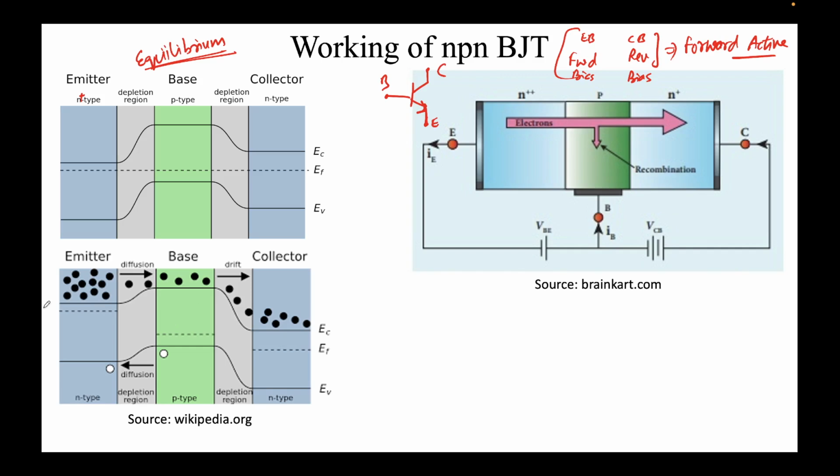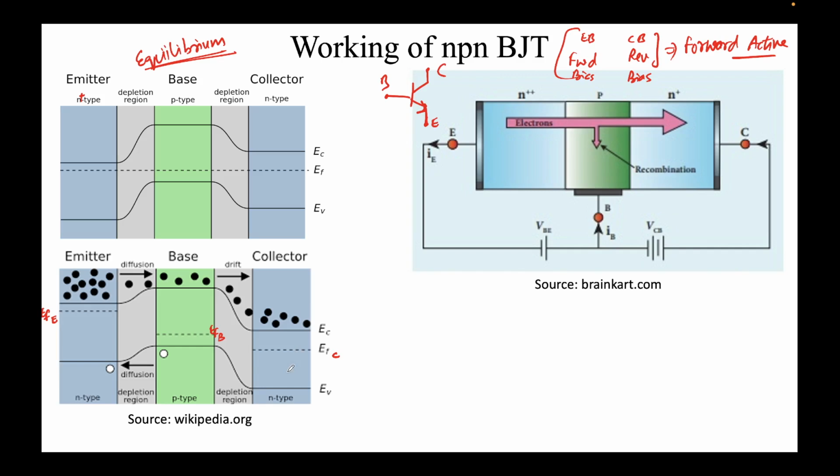I'll call this EF emitter, this EF base, and this EF collector. Just like EFP and EFN in p-n junctions, similarly you have 3 Fermi levels. So now you can clearly see that there is a bias being applied. There is an external stimulus applied, and that's why the Fermi levels are not the same.